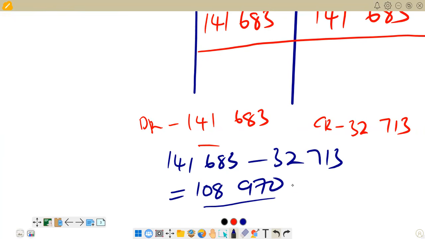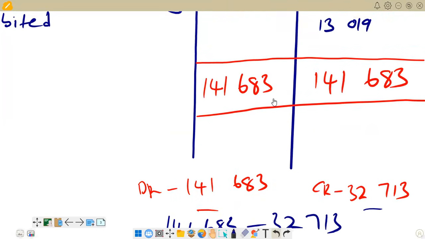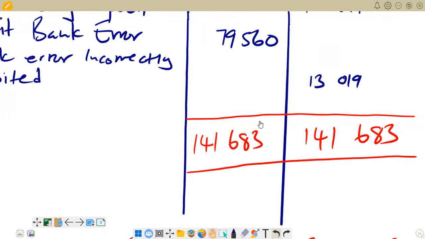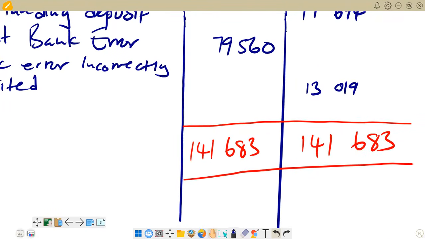And this difference should go to the smaller side, and the smaller side, we know, is the credit side. So this figure, we put it on the side that we have the smallest total. The smaller total is on the credit side, so it's going to come here. So here we have 108,970.